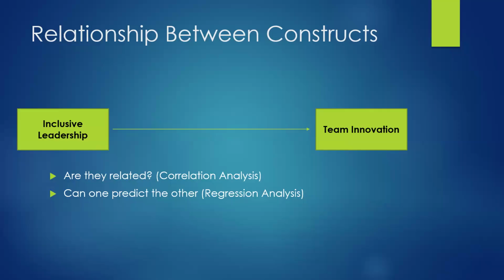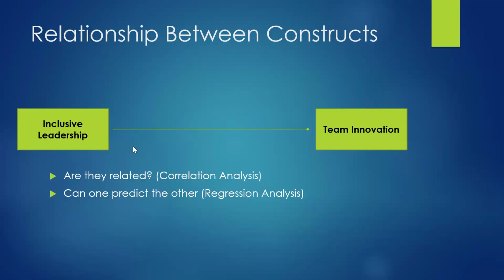So a correlation analysis can help understand whether the two of them are related. A regression analysis is able to say whether one predicts the other. To what extent does team innovation change depending on change in inclusive leadership? That is what a regression analysis can do.